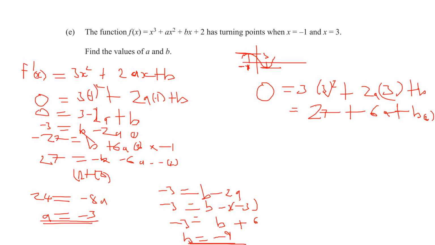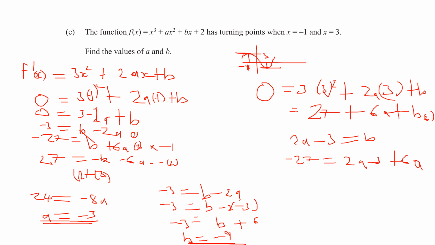Alternatively, we could have said 2a minus 3 is equal to b, and substituted that here, and it would have been minus 27 is equal to 2a minus 3 plus 6a.